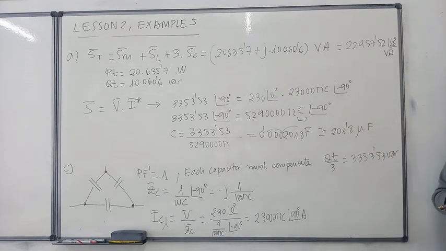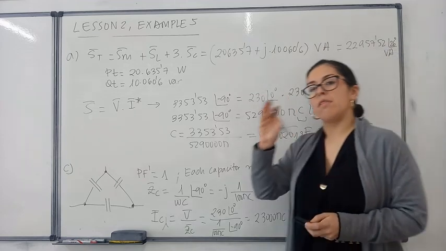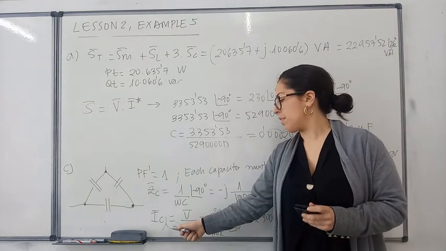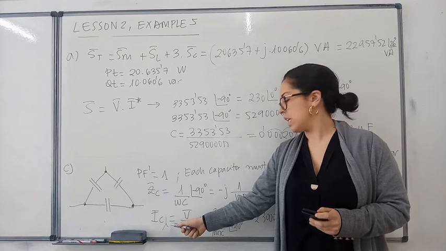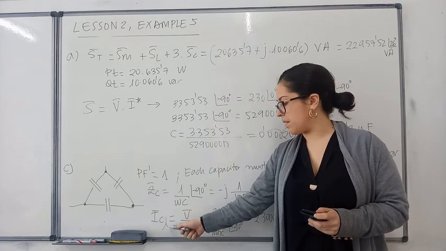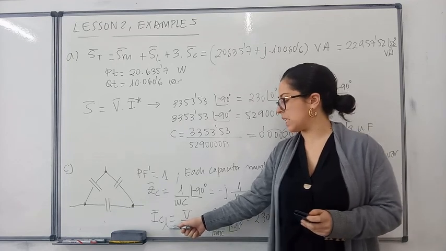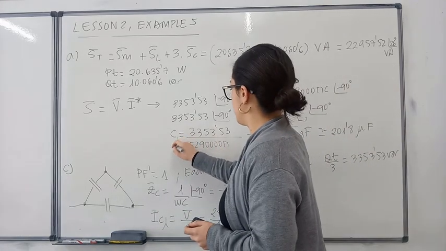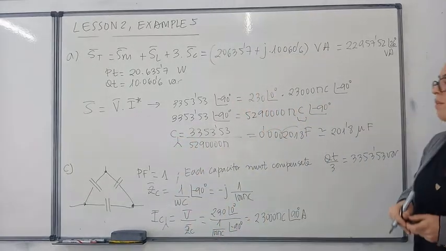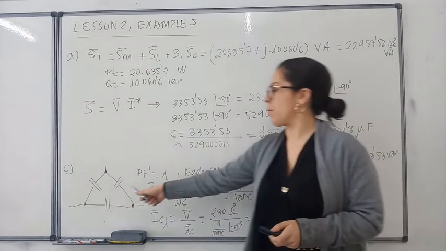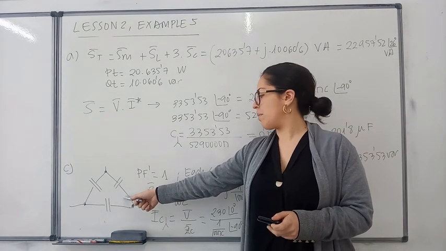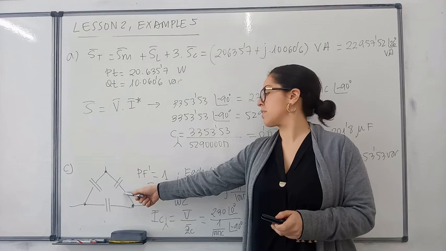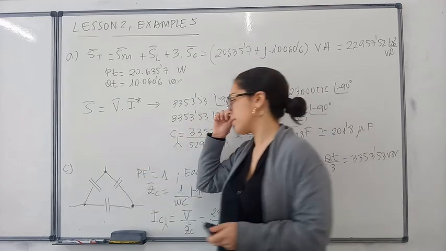So this is the capacitance, but from the beginning we have considered that the capacitor was connected in a star. And the reality is that the problem asks about the capacitance if the capacitor is connected in delta.